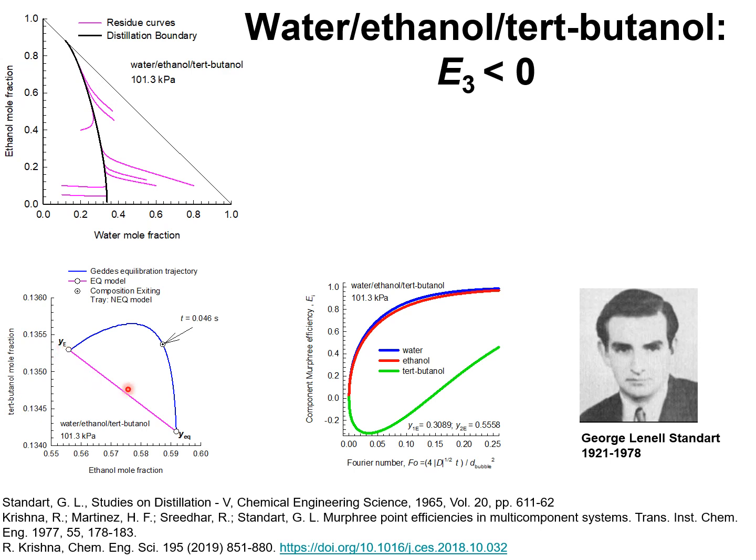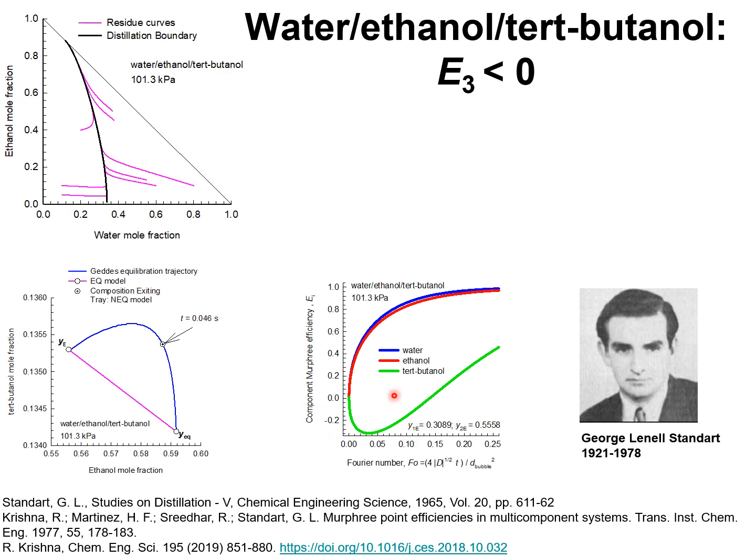And the component efficiencies calculated on the basis of the equilibration trajectory are shown here. Particularly noteworthy is that the efficiency of tertiary butanol is negative for a range of contact times.